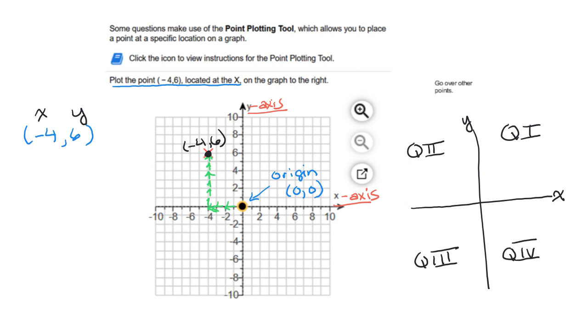All right, the sign for our x and y coordinates in each quadrant looks like this. So x is positive and y is positive in the first quadrant. All right, in the second quadrant, x is negative, y is positive. Third quadrant, x is negative, y is negative. And in the fourth quadrant, x is positive, y is negative.